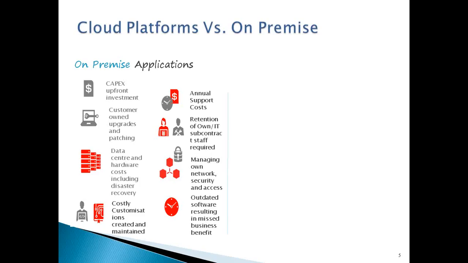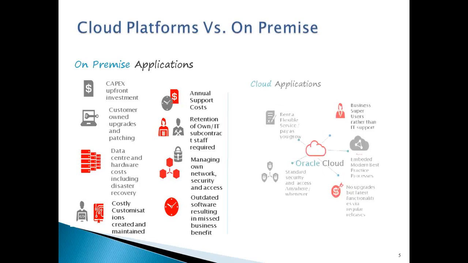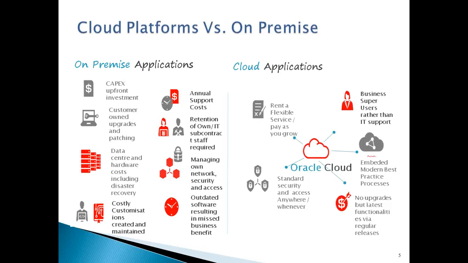And if a customer is on premise and not upgrading, they are stuck with the older versions and will not be able to avail all the business benefits provided by the service providers through the releases and upgrades. So that is the reason a drastic change occurred in the market, and they want, instead of going through all these hurdles, why not move to cloud applications.